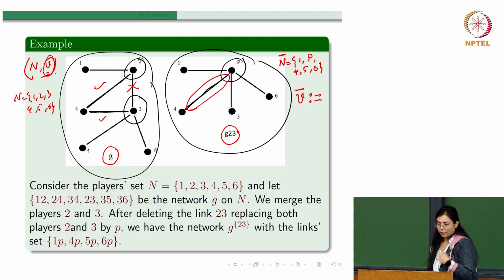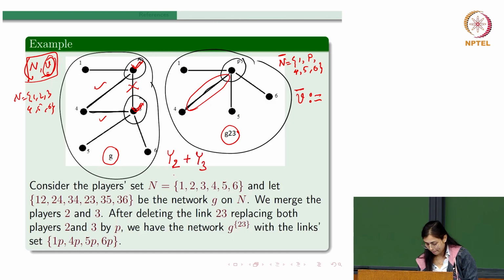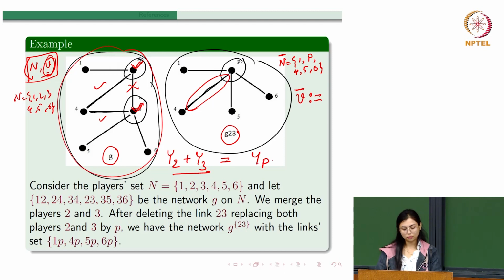So what is this pairwise merging property saying? Whatever the allocation rule for players 2 and 3, the sum of the players' allocations in my network game, where I can define any allocation rule, say the position value, equal division, or component-wise equal division, should be equal to the allocation for the particular player P in this merged network and the reduced game that we define on V bar.